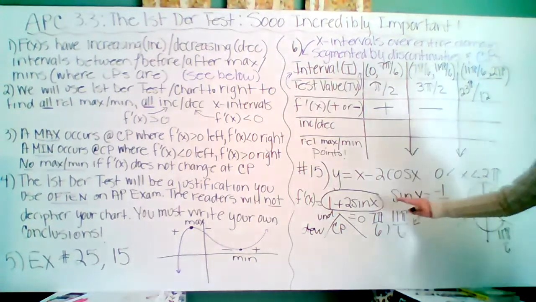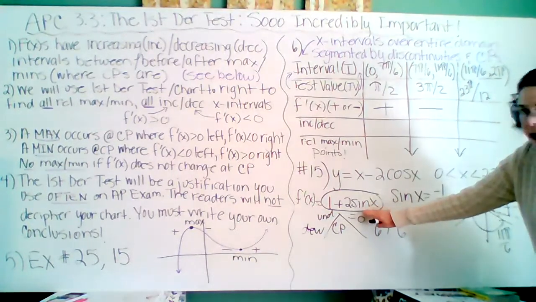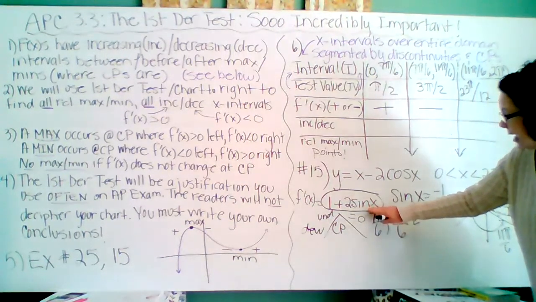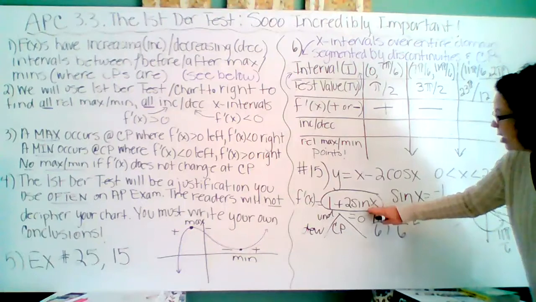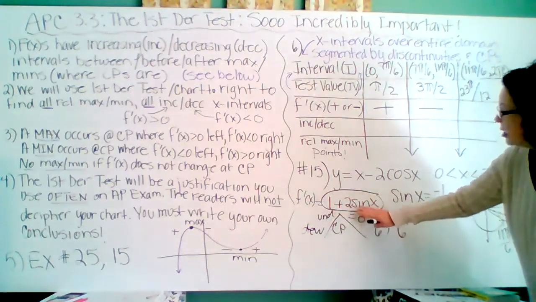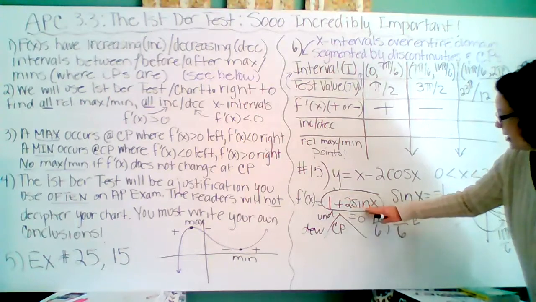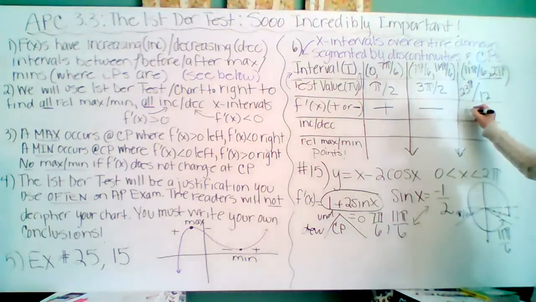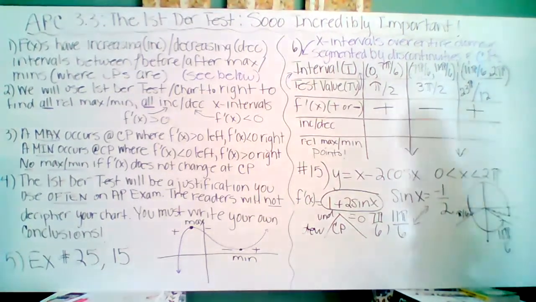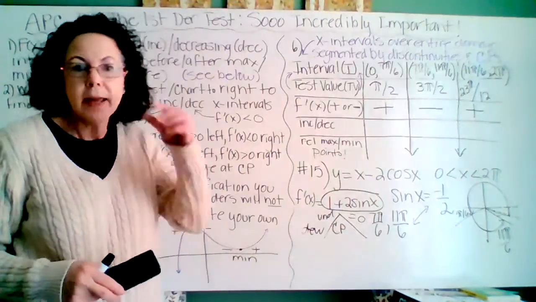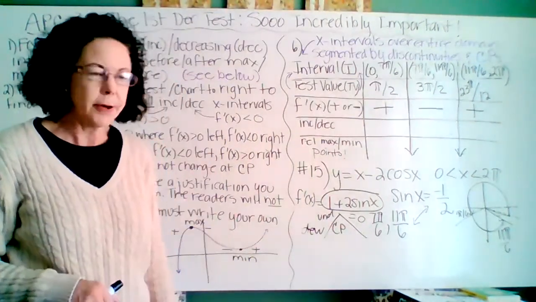So when sine is -1/2 right here, I know I get a 0. So if sine is less than that, like -1/4, notice that this expression will remain positive. 2 times a number less than -1/2 is not going to overcome this +1. So it must be positive, right? Again, you won't run into this often in your book, but hey, at least we get to talk about it.